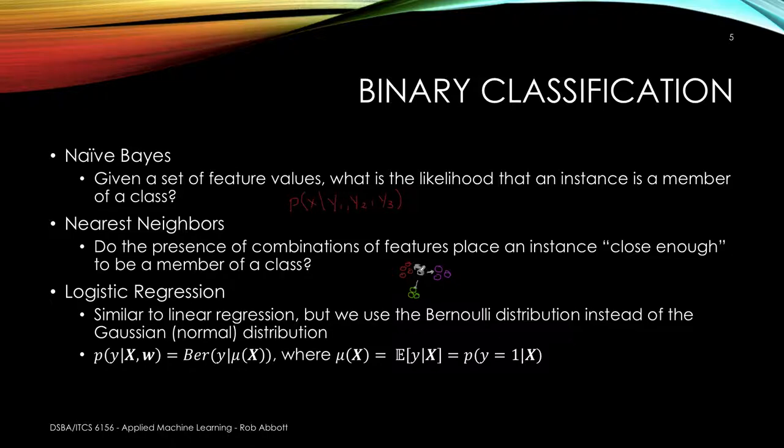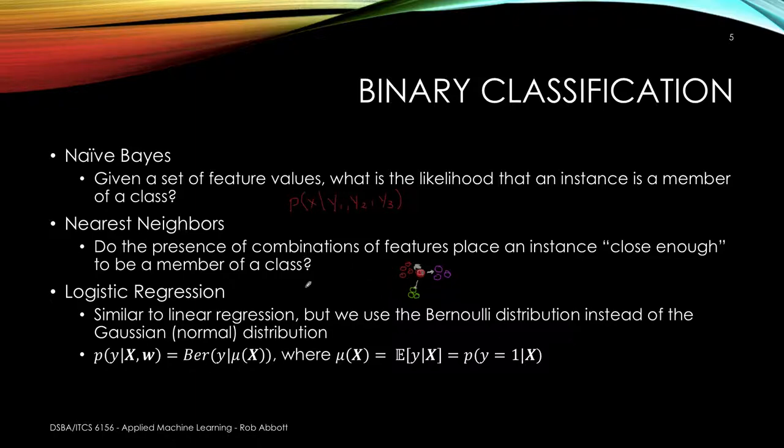So the membership of this new point gets classified as red. So these nearest neighbors basically evaluate, is something close enough to be a member of a class.